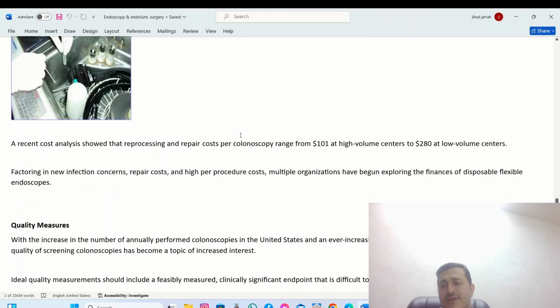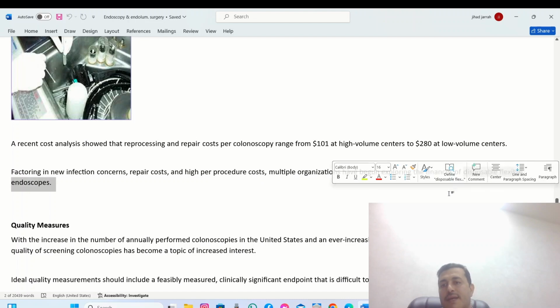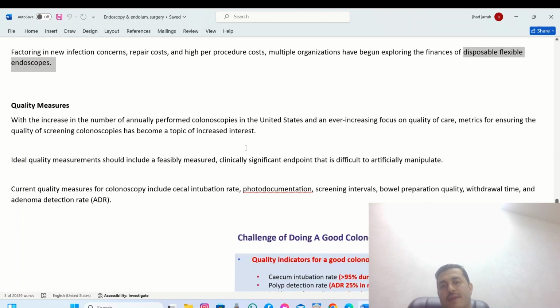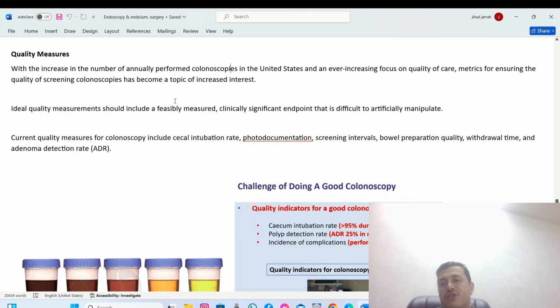Recently, there is a financial study about the benefit of this possible flexible endoscope.